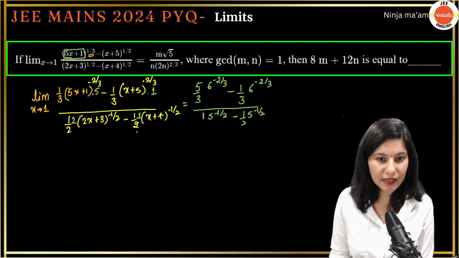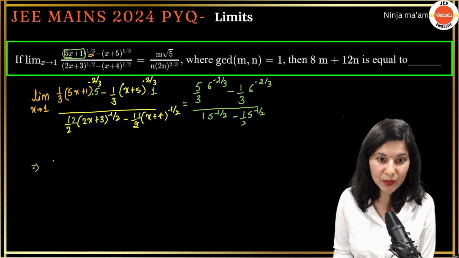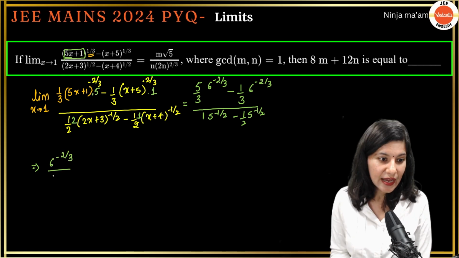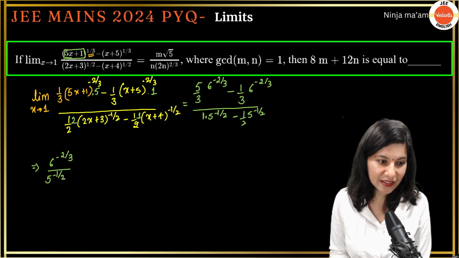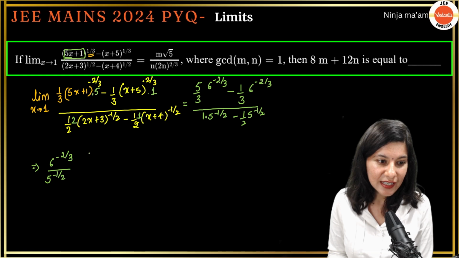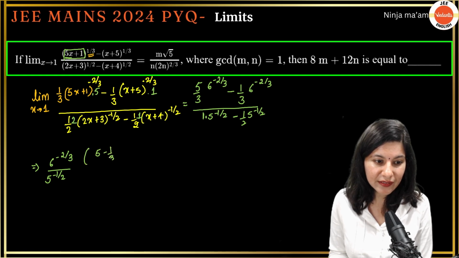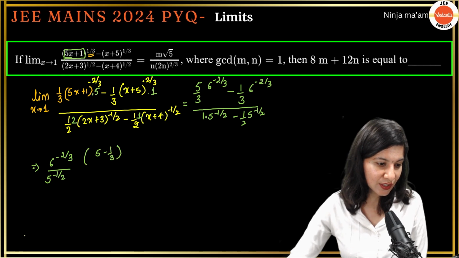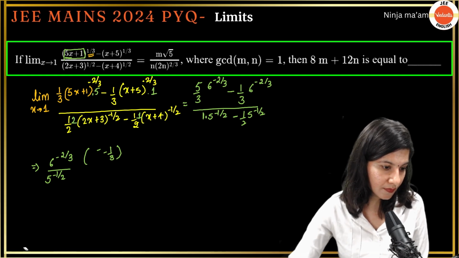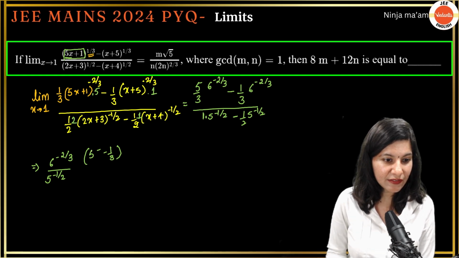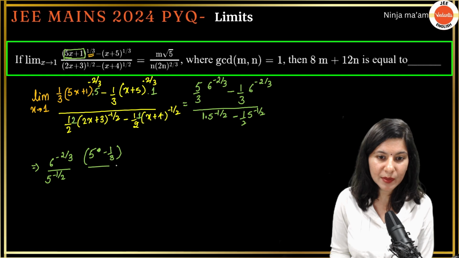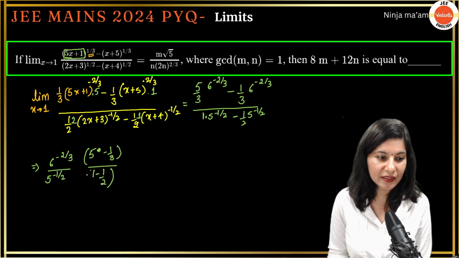Okay, and obviously now this value will be equal to 6 raised to power minus 2 by 3. I'm going to take common from the numerator, and this is 1.5, and this is 5 raised to power minus half from the denominator. So I'll be left with 5 minus 1 by 3, and this is 1 minus half, correct?